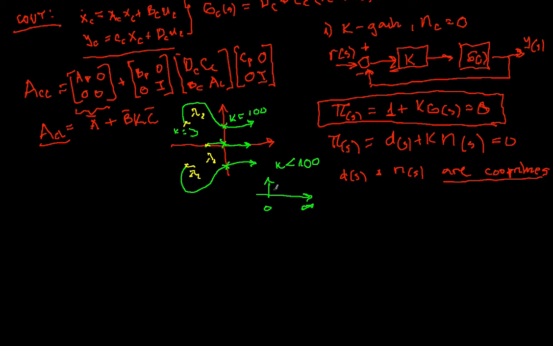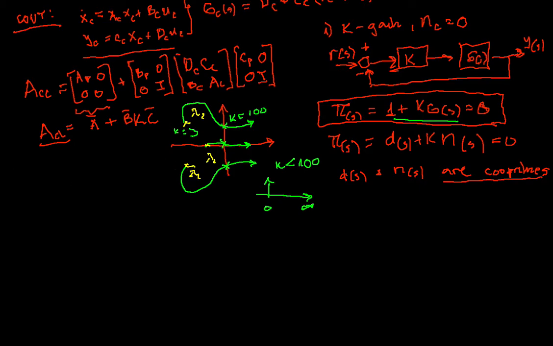Okay, so this is what gain does, and it's intuitively easy to understand that a gain of a certain value will place the eigenvalues of the closed loop characteristic polynomial at certain places in the left complex plane.